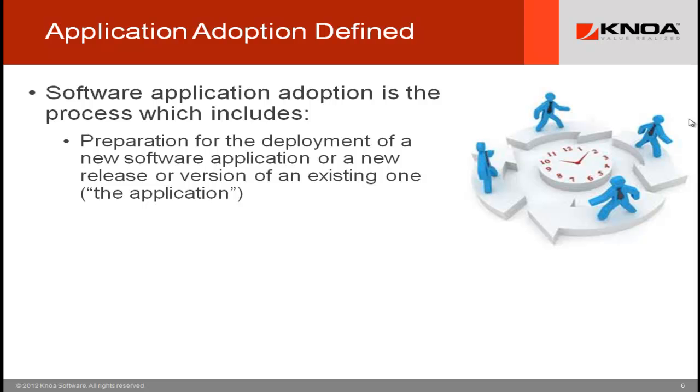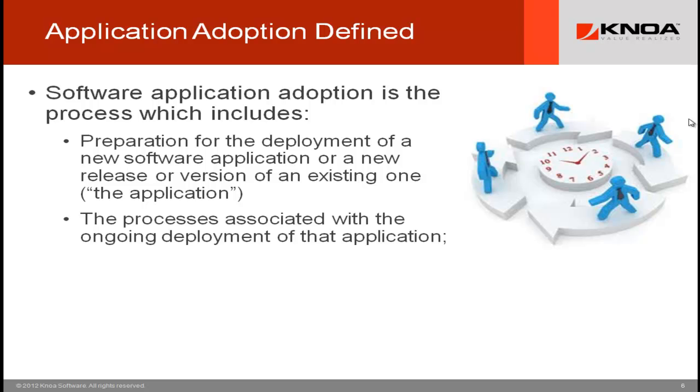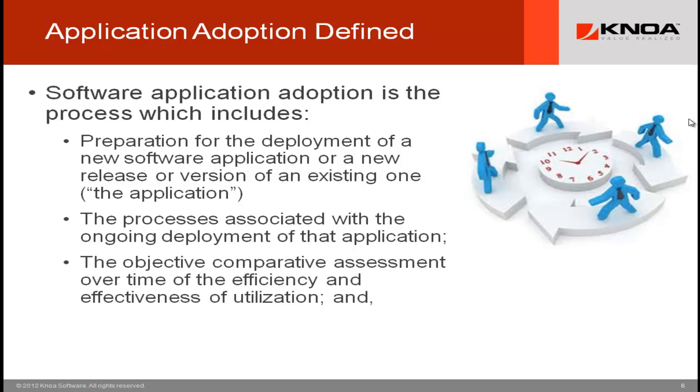So it's not just hands-on, your team struggling to get full utilization of an enterprise application. It's also thinking about getting ready and the things you need to do to make that go as well as it can go. Two, it's the processes associated with the ongoing deployment of that application. All the things that keep it deployed and current and user-friendly and active across all of the key business processes that you need to support.